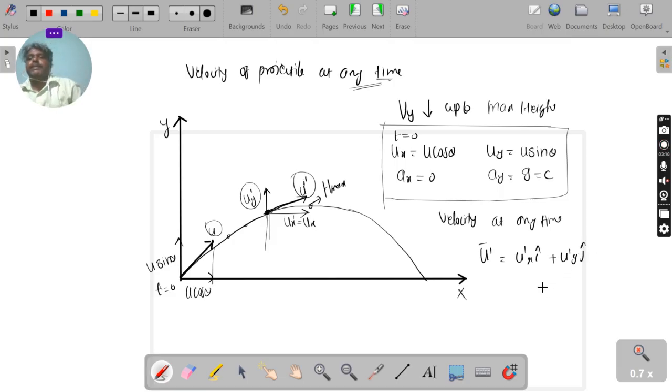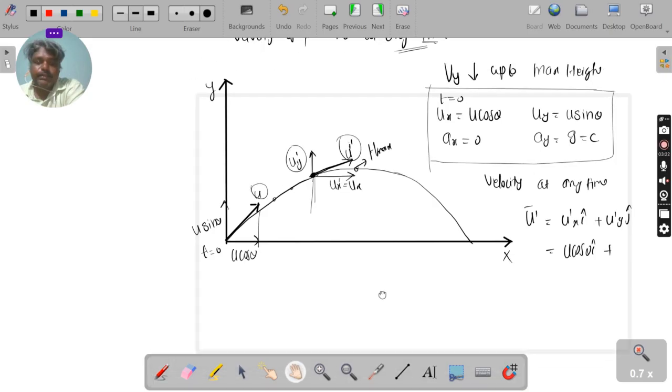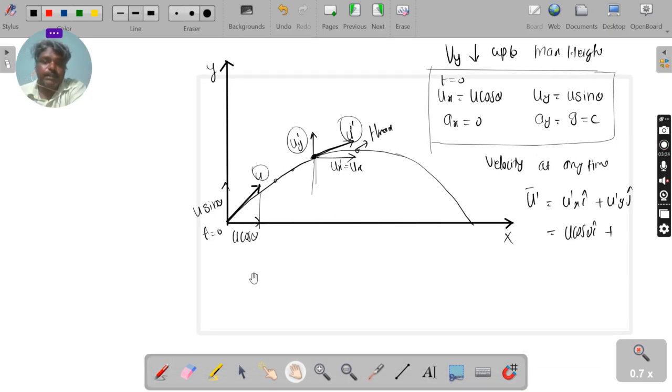How do the velocities vary? We know that the horizontal component velocity is never changed. That is equal to u cos theta i cap. But the vertical component velocity changes. How is it changed? Here we are using the kinematic equation, because we study the projectile motion as two one-dimensional motions.